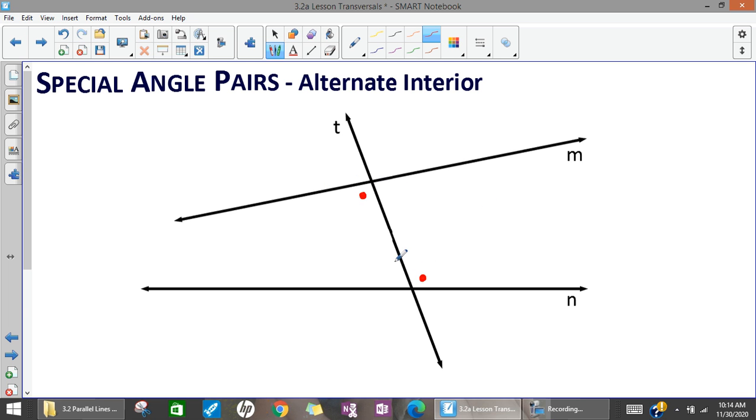They're in between M and N and they're on opposite sides of the transversal and opposite sides of this picture. I have one more pair of alternate interior. I'm going to X them. It's those two. They're inside and they're on alternate sides or opposite sides of the transversal and opposite sides of the picture.